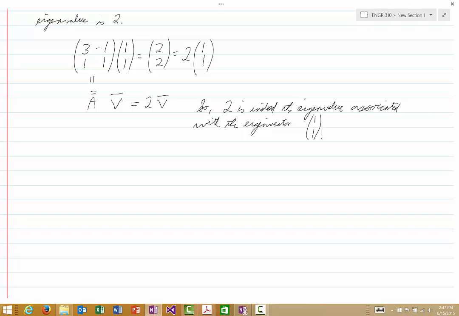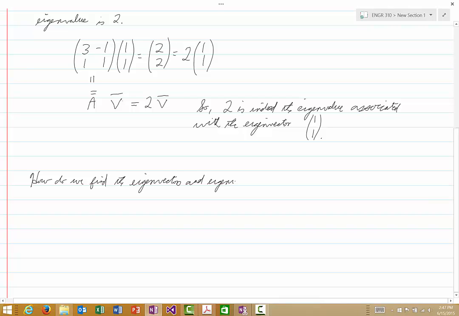So this is what we mean by eigenvector and eigenvalue. And now the question that probably occurs to you is this: how do we find the eigenvectors and eigenvalues of a matrix?